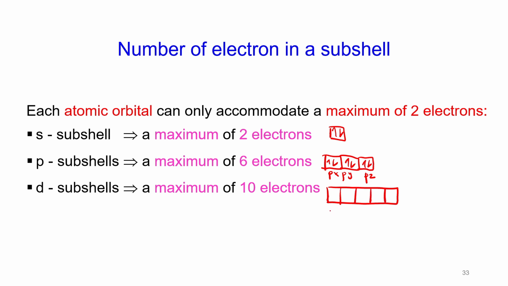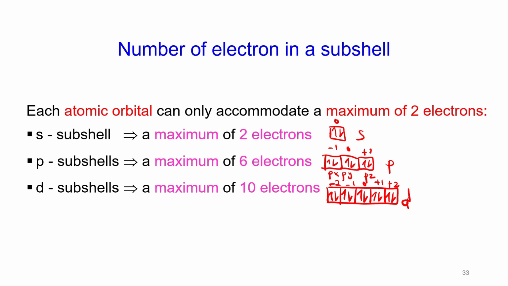Okay, so this one 2, 4, 6, 8, 10. Okay, ini kita ada daripada negative 2, negative 1, 0, positive 1, positive 2. This one is negative 1, 0, positive 1. This one kita ada 0 saja. Okay, so ini kita ada orbital P lah. This one is orbital D, this one orbital P, this is orbital S.